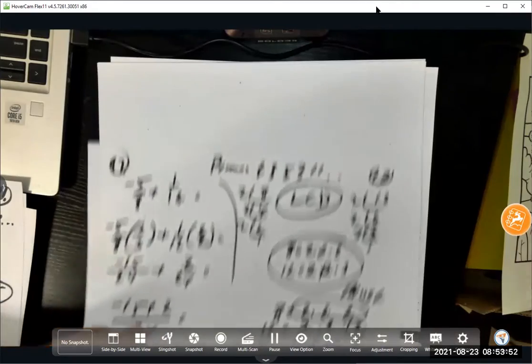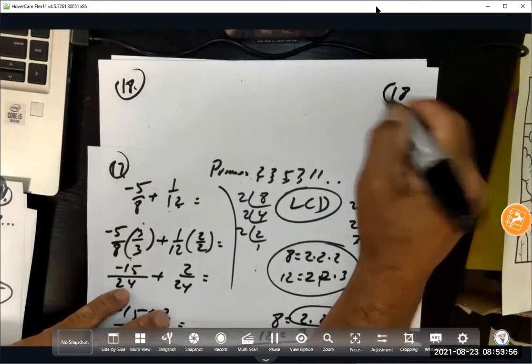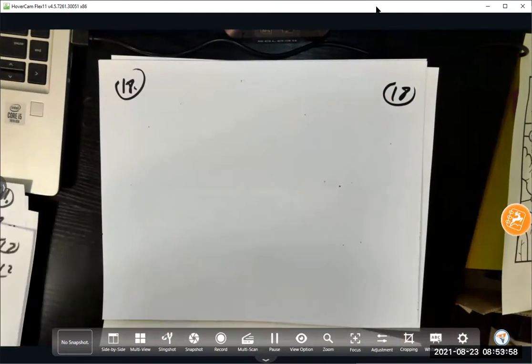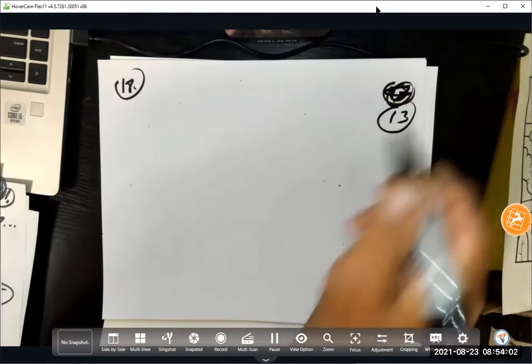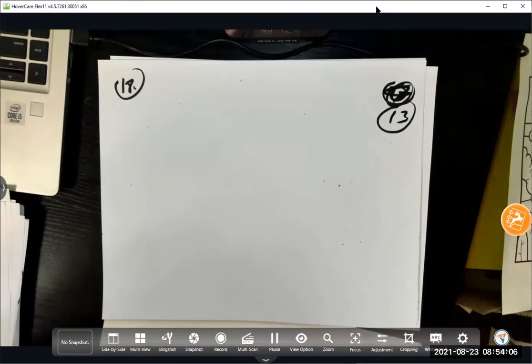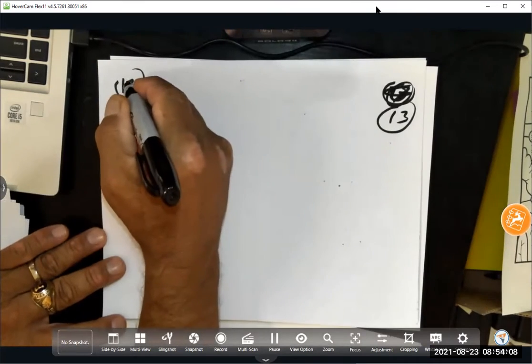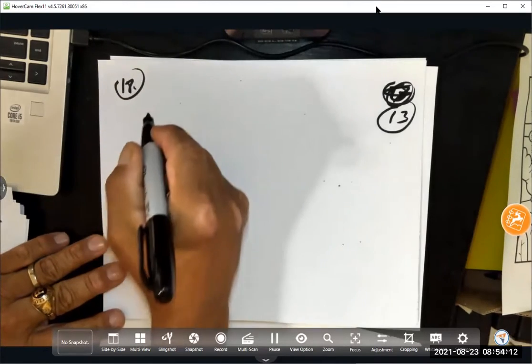Number 18. All right. Actually, this is number 13. All right. So now this one, it says, we're probably, is that 17, 18? Okay. So this one's like this.